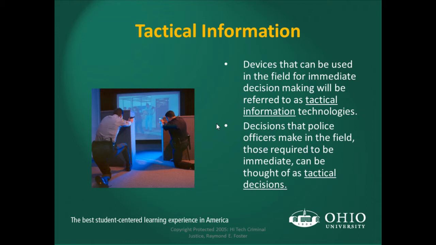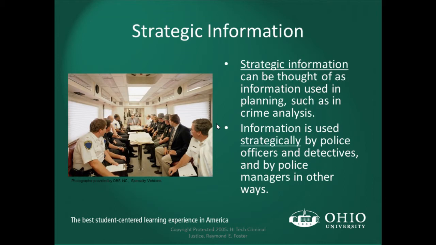So, do I shoot this guy? Do I tase this guy? Those kinds of decisions, or that kind of information you're gleaning based on the behavior of a suspect or someone that you have pulled over, are tactical information that you're factoring in on how to respond and how to react in that situation.